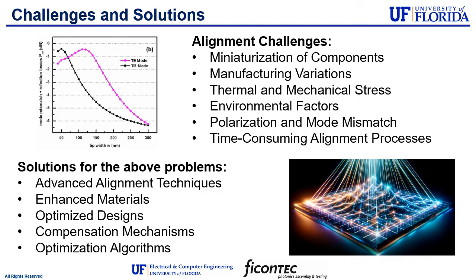Now, the silicon industry has a history of turning a once-thought dream from the future into a consumer technology, so all these challenges are being addressed and tackled in research and development. Creative advanced alignment techniques like alignment loops are one example of engineers developing solutions to these challenges. Enhanced materials like index matching epoxy and optimized designs like cascade waveguides are also innovative ways that optical interfaces have been improved upon.